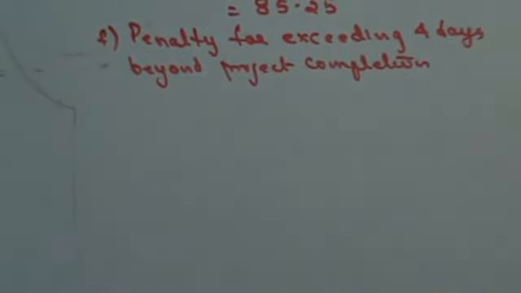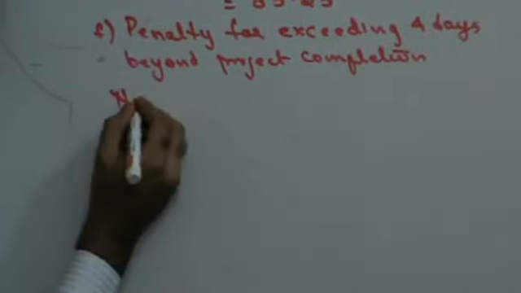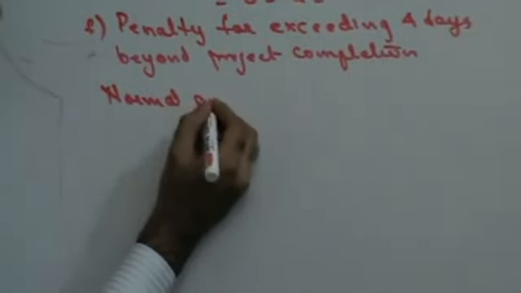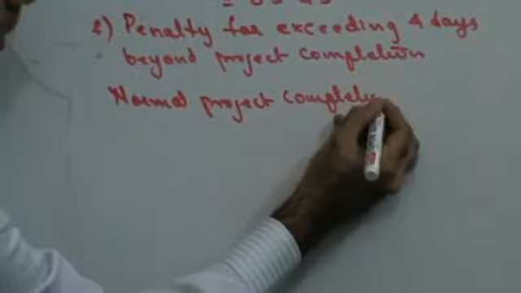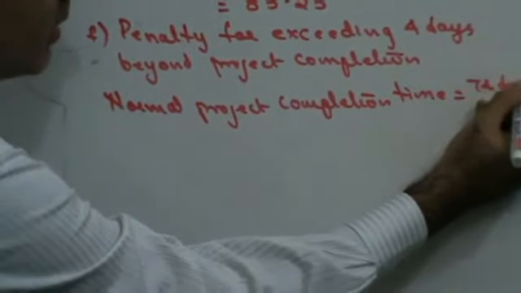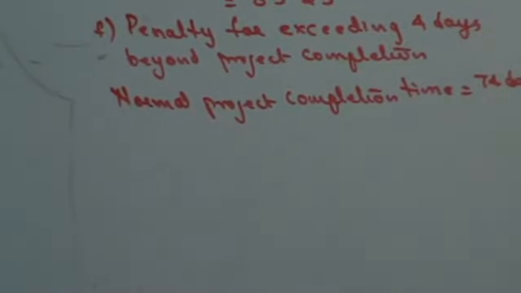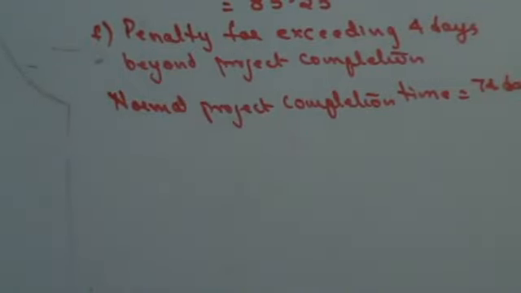Now, my normal project completion time is 74 days. The maximum slack that the company shall give me is an extra 4 days. If I go beyond the extra 4 days, then I'll end up paying a penalty.